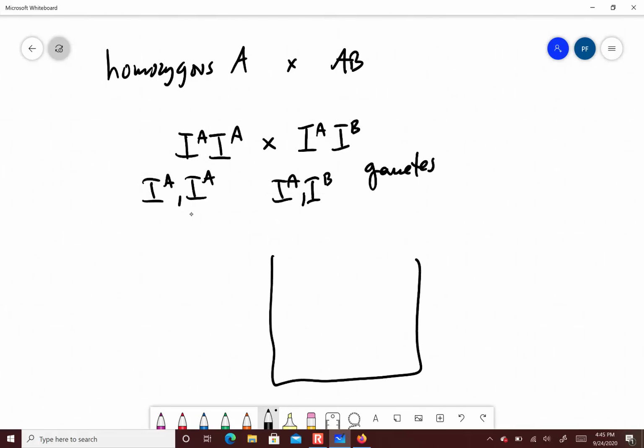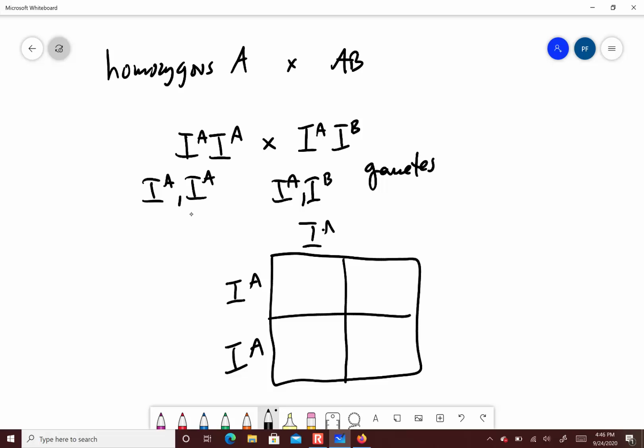We're doing a 2 by 2 Punnett square. All right, fill it in.